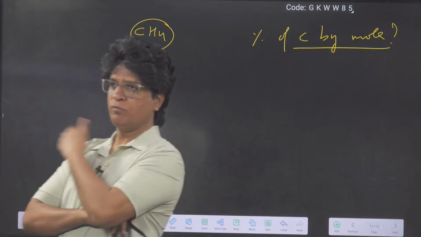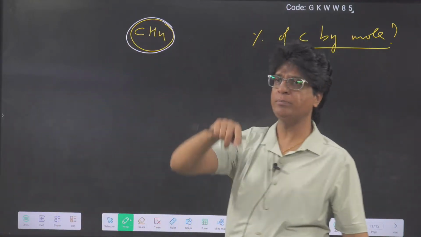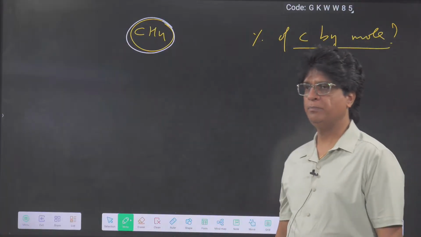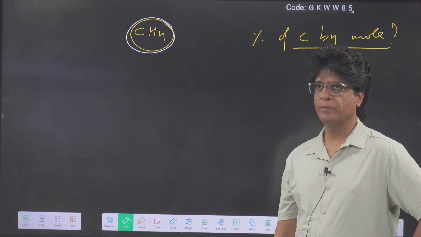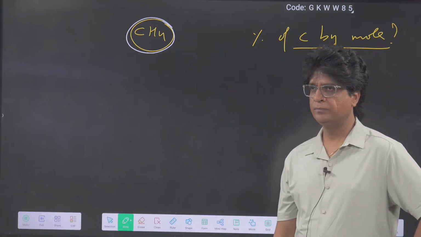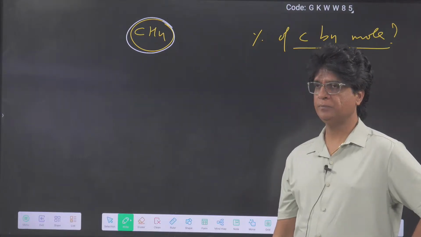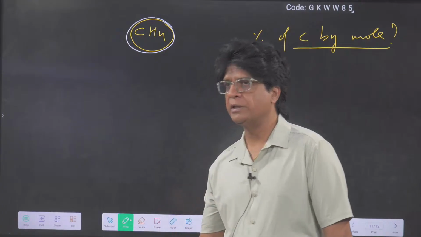Okay. So focus on this question now. I'm giving you CH4. You have to find out percentage of carbon by mole. Come on. 60%. Okay. Just first of all, the commonly used basic thing: fraction, percentage.